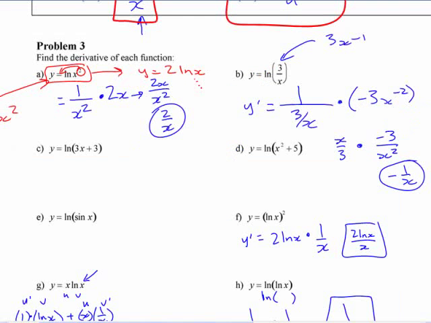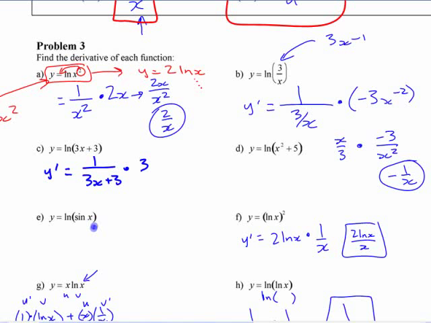Let's actually do one of these. Maybe you haven't done C, I'm not sure. C is easy? They're all easy. I do want to do one here, so I have to write this one out anyway. So y prime is 1 over that thing times the derivative of what it is, 3.